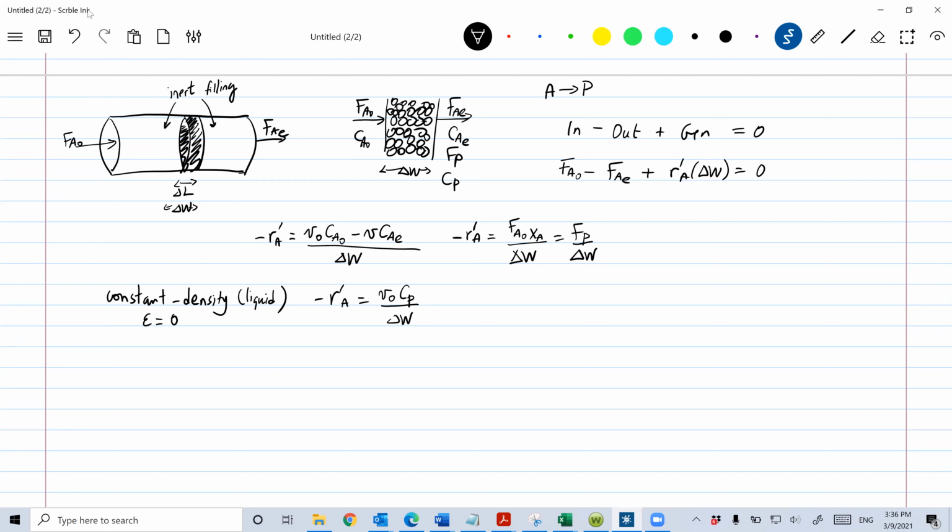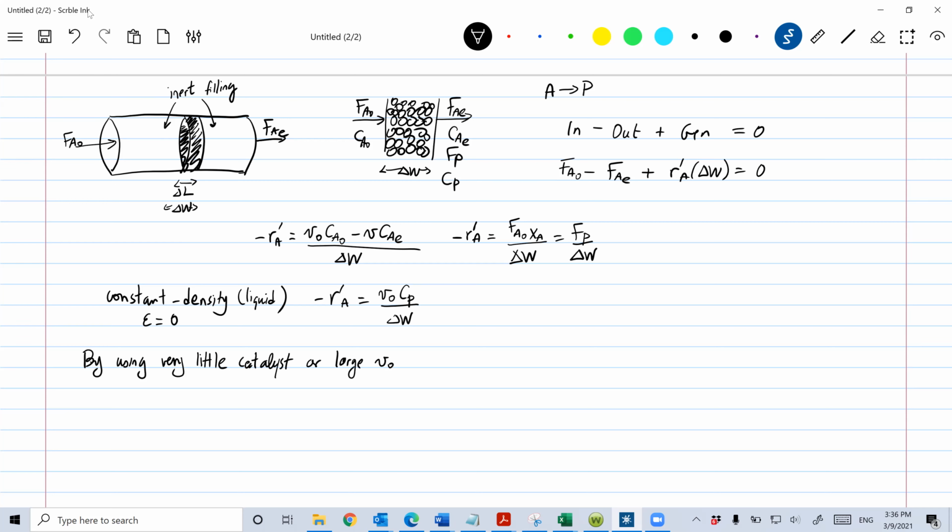Okay, so now what approach do we take? The approach is very interesting. If you use very little catalyst, you have very little conversion. Or a large V naught.